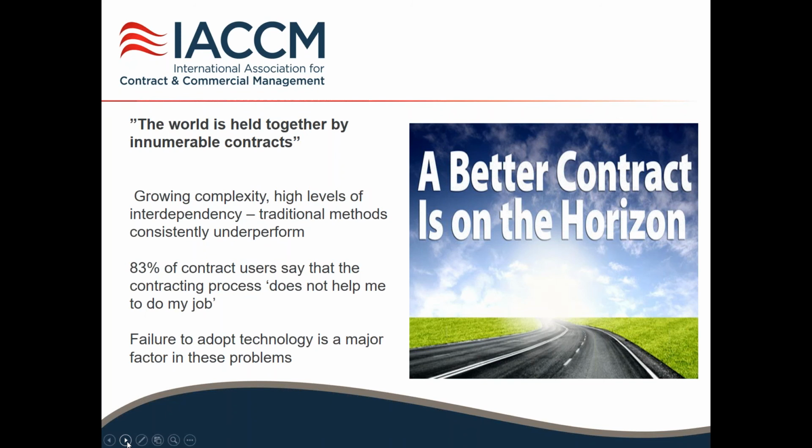Yet we're also dealing with a world where the levels of interdependency between organizations are growing, not only at a global level but even at a national level, as more and more companies place strong reliance on a complex supply network in order to deliver their promised results, either to the public in the public sector environment or to their customers in an ordinary customer environment.